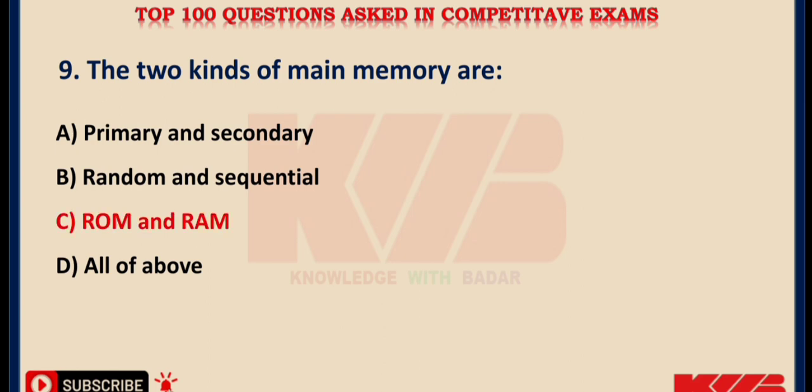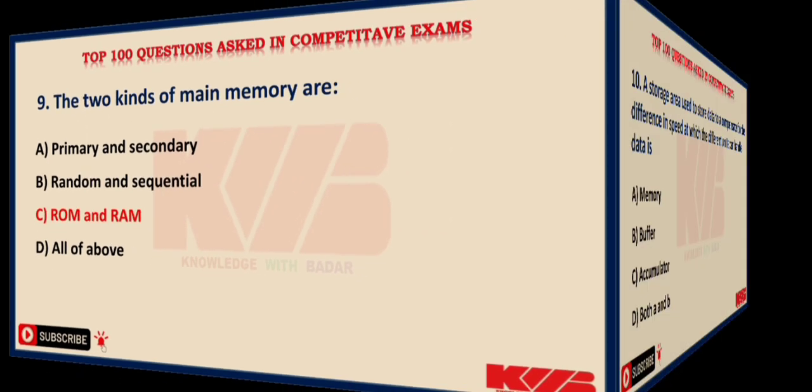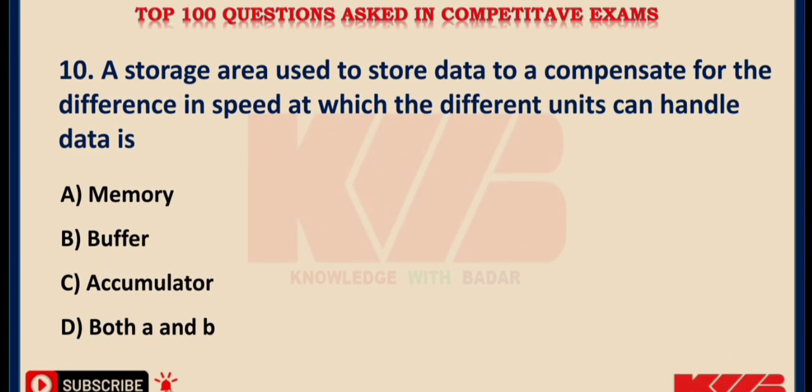And the correct answer is ROM and RAM. The next question. A storage area used to store data to compensate for a difference in speed at which the different units can handle data is memory, buffer, accumulator, both A and B. And the correct answer is both A and B. It means memory and buffer.